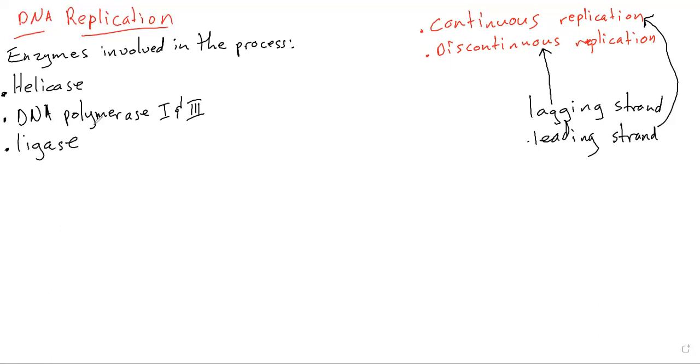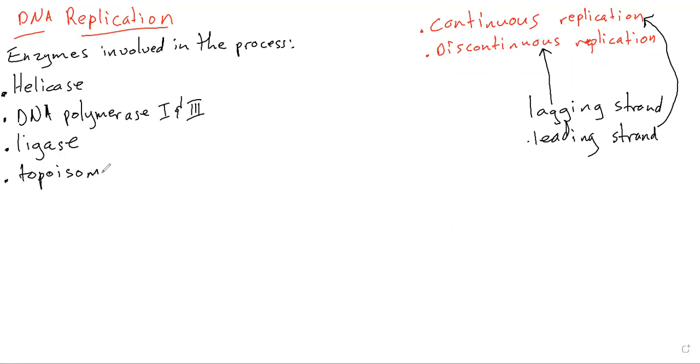So we have helicase, DNA polymerase 1 and 3, and ligase. But you must remember helicase, DNA polymerase 1 and 3, and ligase.